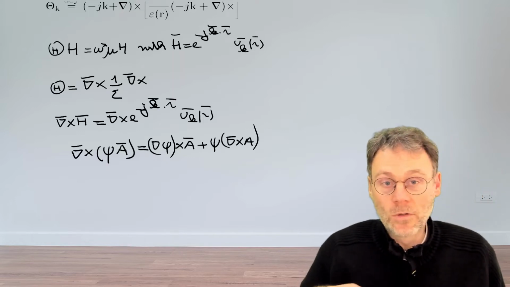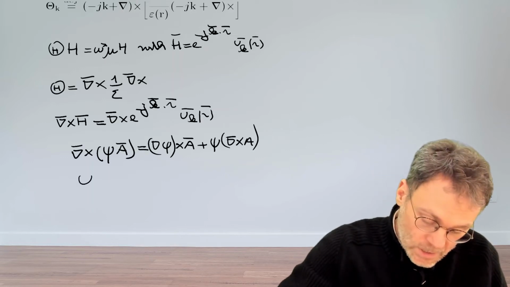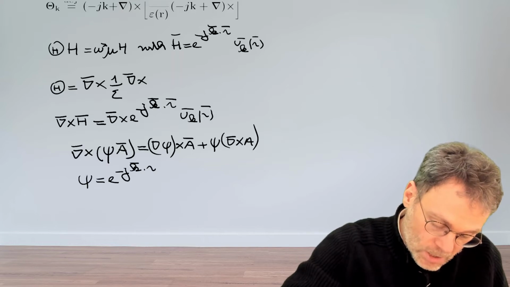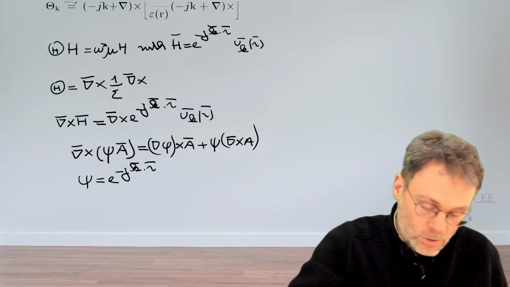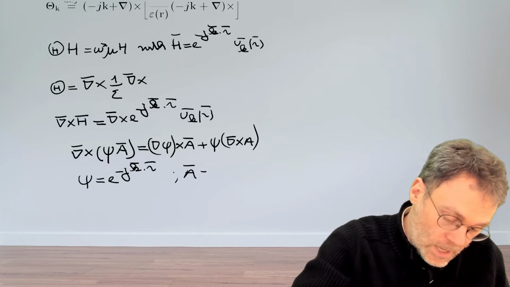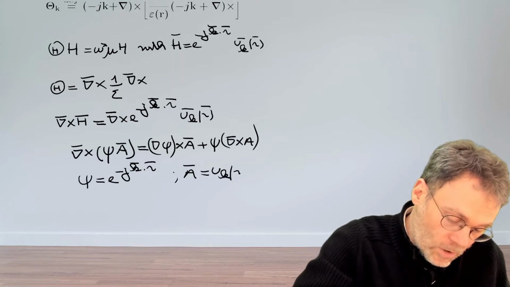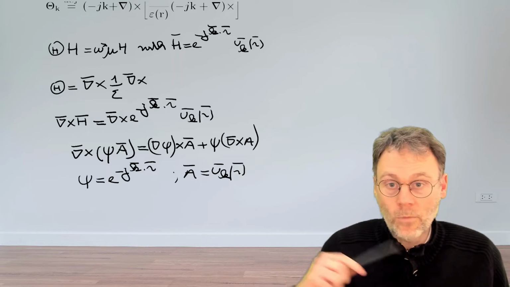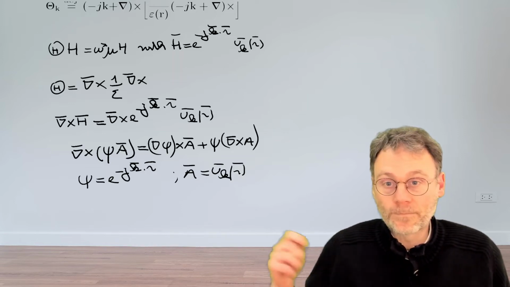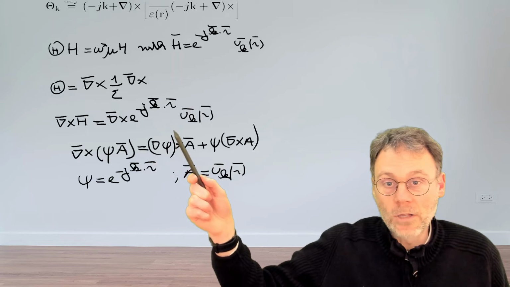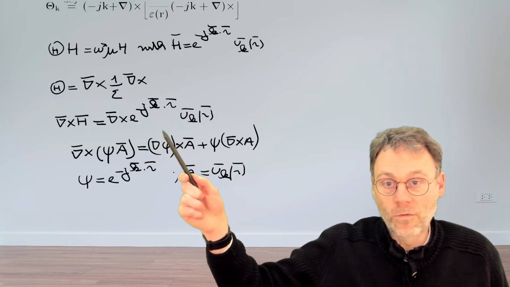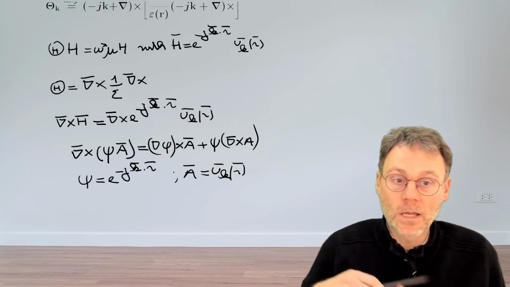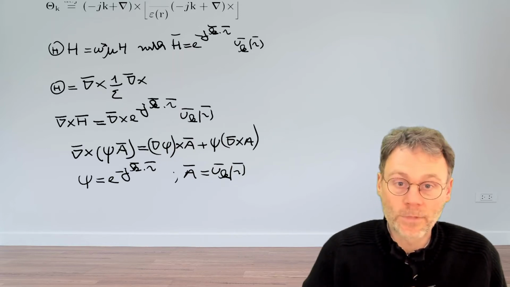So this is useful in our case because obviously the scalar function psi will be exponential minus jkr in case of Bloch modes, and the vector field a is uk of r. So the first thing we need to do, which you can do if you pause the video, is calculate the gradient of psi, because this is what we need in this formula. So for our particular form of our h field, calculate the gradient of psi.